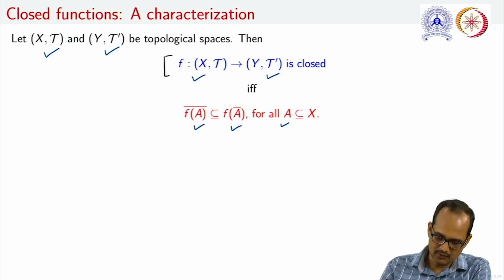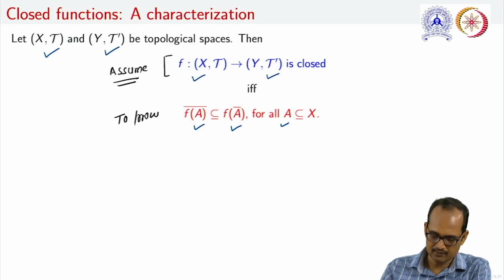Let us assume that this function is closed. Now we have to prove that closure of f(A) is a subset of f of A closure. In order to justify it, as we know that A is always a subset of A bar, and this is true for all A subset of X.